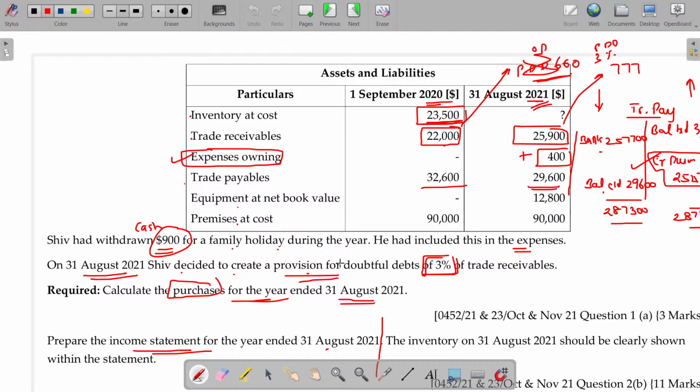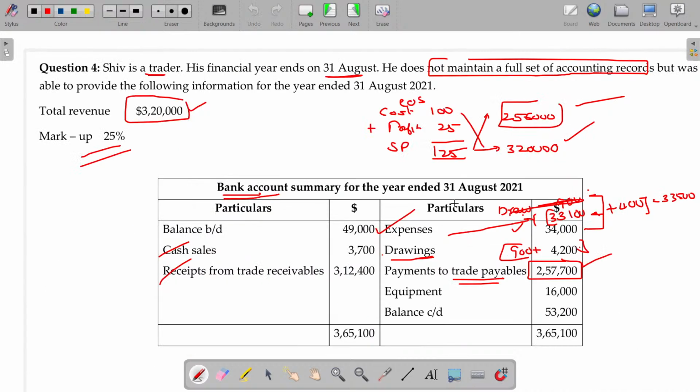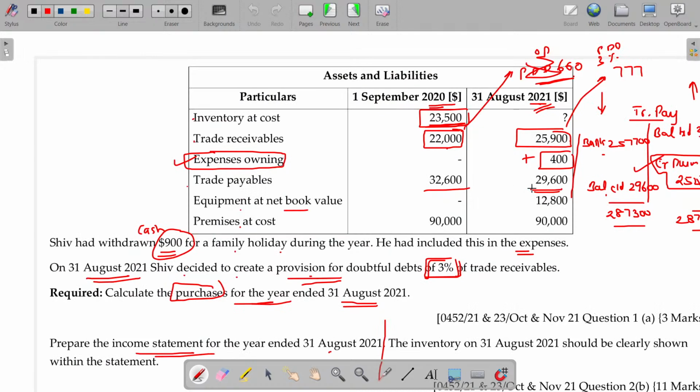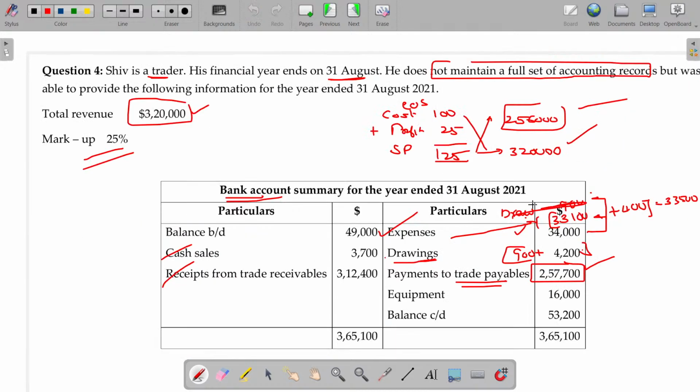Okay. Now cross verify whether there is any depreciation. Equipment at net book value. Do you have any depreciation? This is year end value. See, equipment costing rupees 16,000, you know.